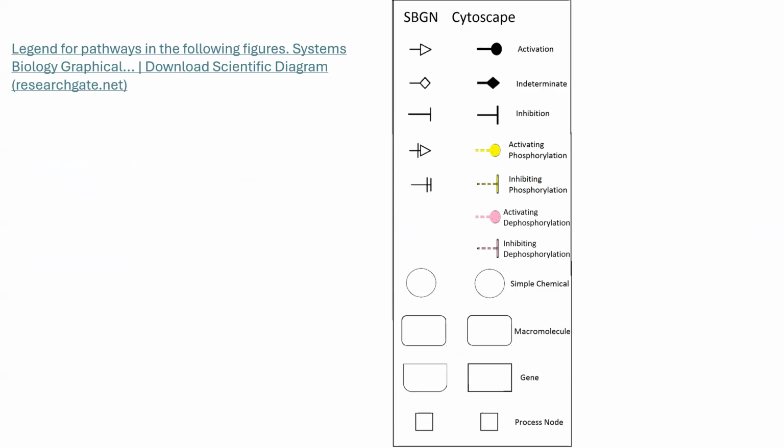And so reading one systems biology diagram is not necessarily going to be an exact easy translation, but it's not that difficult. It's not like the difference between Sanskrit and English or something like that.